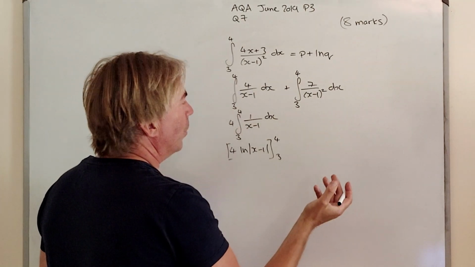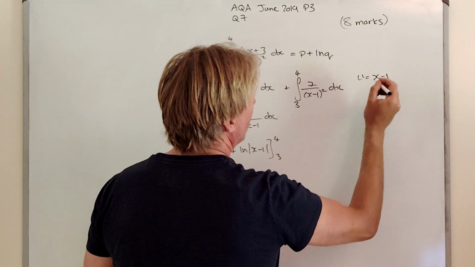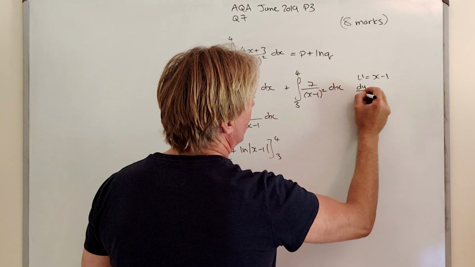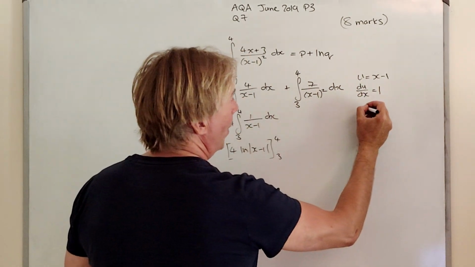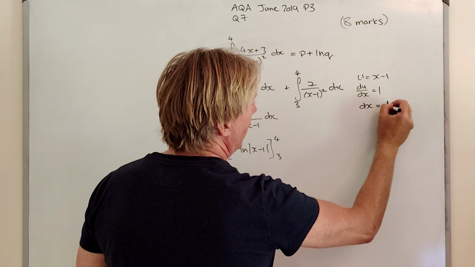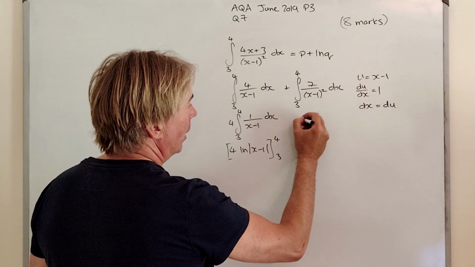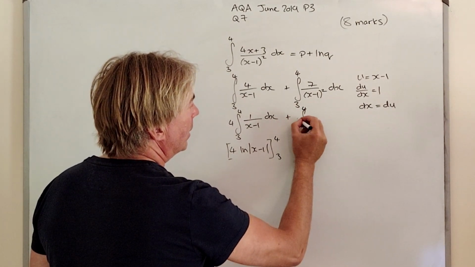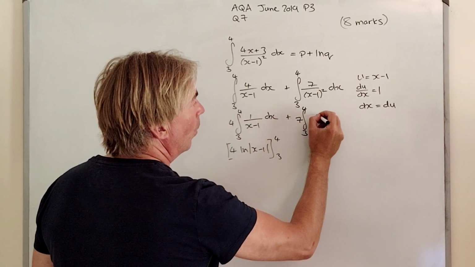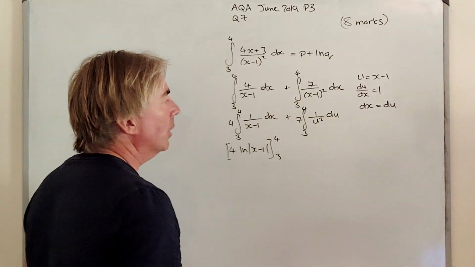The second part is not so easy. I look at that and I automatically think substitution. I'm going to put u equals x − 1. So du/dx is going to be simply 1, and dx is equal to du. So my integral now becomes, plus between 3 and 4, 7 on the outside, 1 over u squared du.